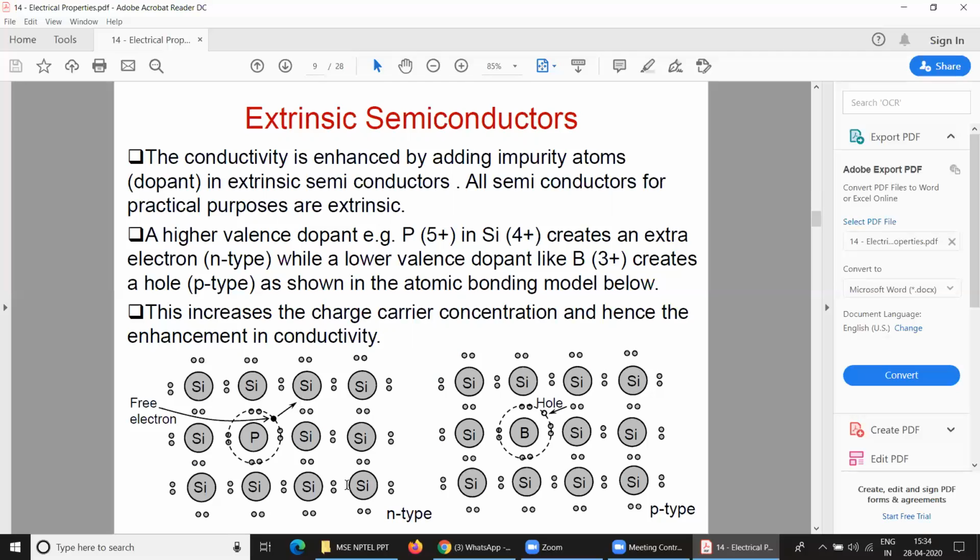You can see the p-type atoms and the n-type atoms. In the p-type, boron is a dopant which is injected, and the holes are created. Holes are also charge carriers, and this is n-type, where excess electrons are created.